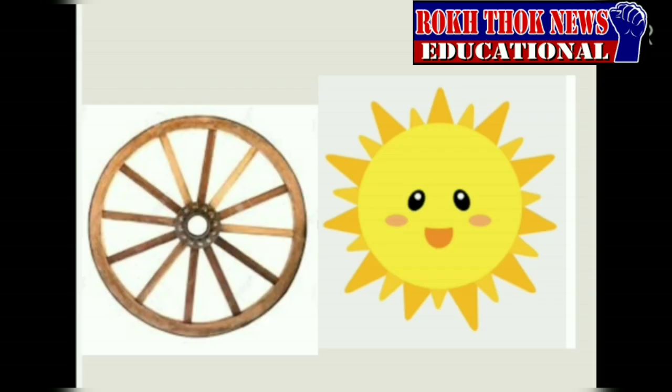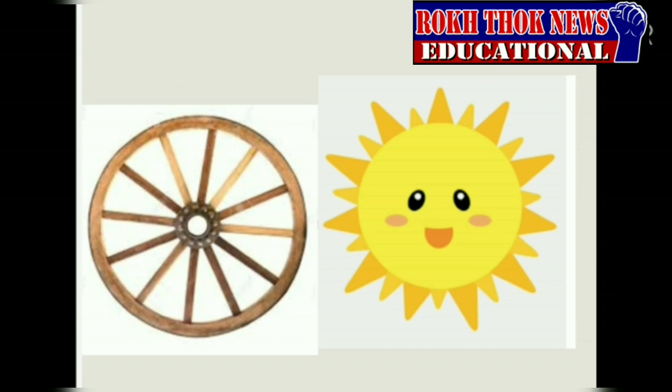Now children, in this slide, what do you see? Yes, the wheel and the moon. Now, what do you see in the first picture? It is a picture of a wheel. And the second picture is the sun.